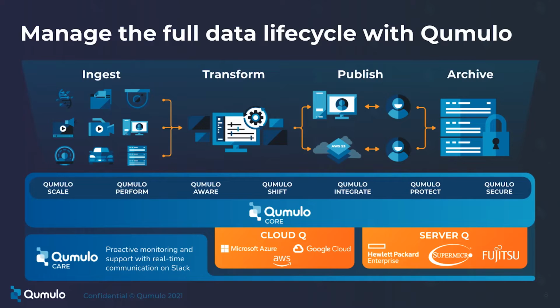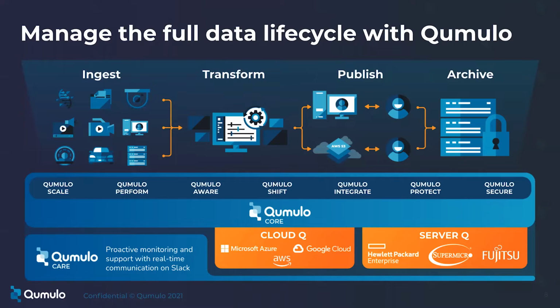Qumulo Integrate is a name for our API. So we have a full, rich, self-documenting API, which you can use to completely automate any action in the Qumulo system, including the creation and destruction of a cluster. Qumulo Protect is our data protection suite. So that's things like replication, snapshots, and just the ability to protect data from a component failure. And finally, Qumulo Secure.